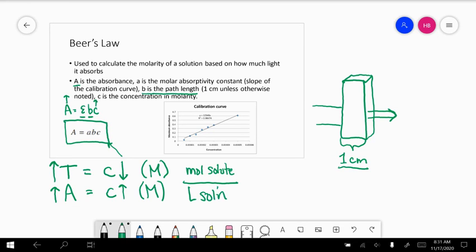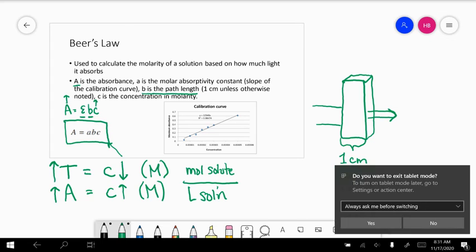So the more moles that are dissolved in a particular volume, the greater the molar concentration, the lower the transmission or transmittance of light, and the greater the absorbance of light. So read through the background information and work on the PhET simulation lab.